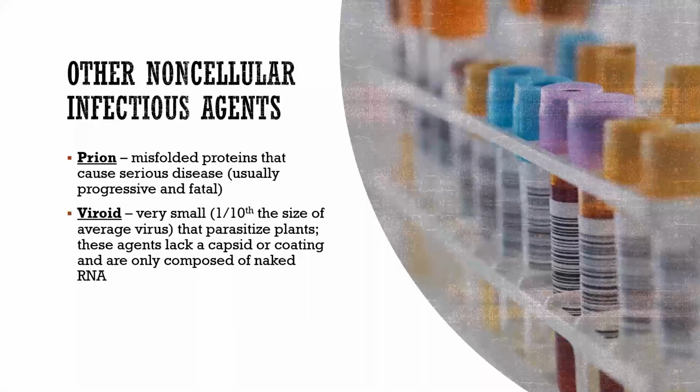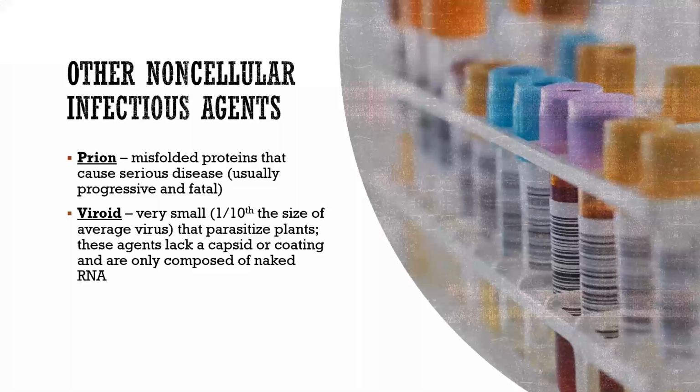Okay, so our last section of the day is on non-cellular infectious agents. We have 2 main ones to discuss. The first one is a prion. Prions, again, are non-cellular. They're not living. They're just proteins or strings of amino acids that have gotten folded wrong. And as they're folded wrong, we know that structure determines function.